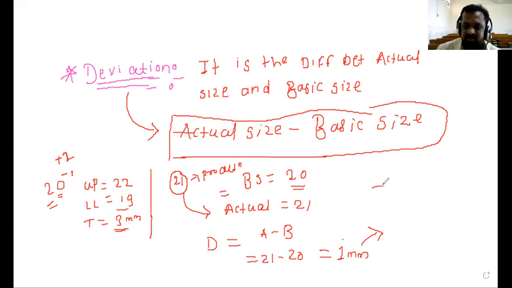For example, suppose I have drawn one line here, and suppose this line indicates the basic size. This is the 20.